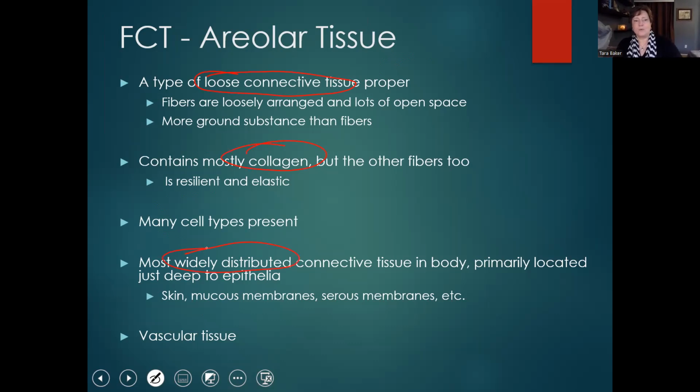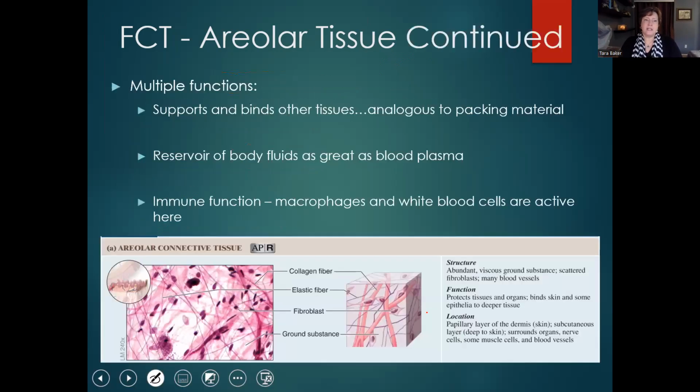We're going to find it right underneath the skin. We're going to find it in mucous membranes and serous membranes with that epithelial tissue on the top. They're vascular, so they have a lot of blood supply. The function is that they support and bind other tissues. So they make up that basement membrane for those epithelial cells.